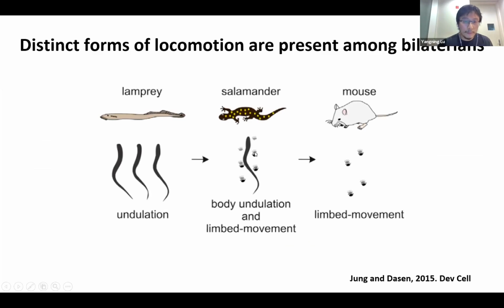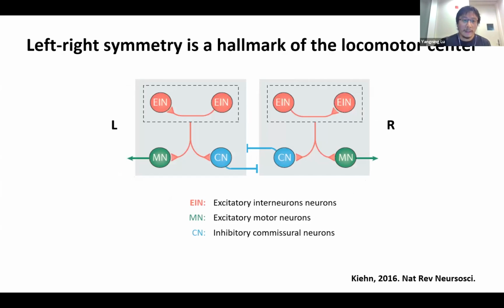So in most animals, particularly bilaterans, there are distinct locomotion forms, mostly composed of undulation, or a mixture of undulation plus limb movements, or simply limb movements. And one of the key hallmarks of these behaviors is the left-right symmetry. Underlying the left-right symmetry is the left-right symmetry of the neurons that control this behavior.